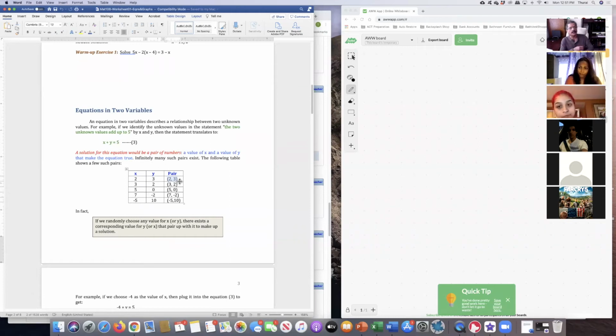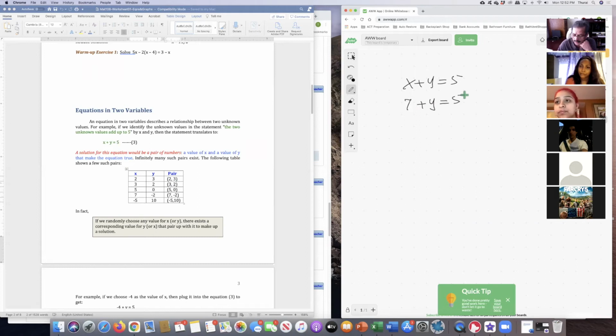In fact, you can choose any value for X and plug it in and solve for Y. That'll determine what Y has to be. Okay, so let me choose X equal to 7. My equation is X plus Y equal to 5. If I choose X equal to 7, I plug in 7. Then I have this equation.